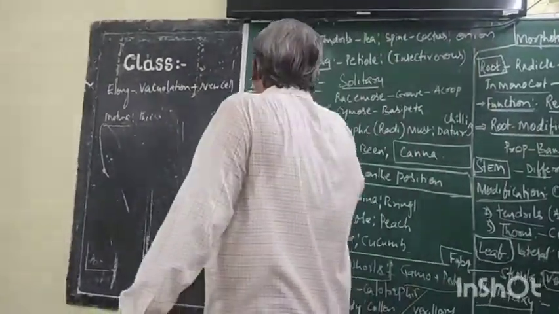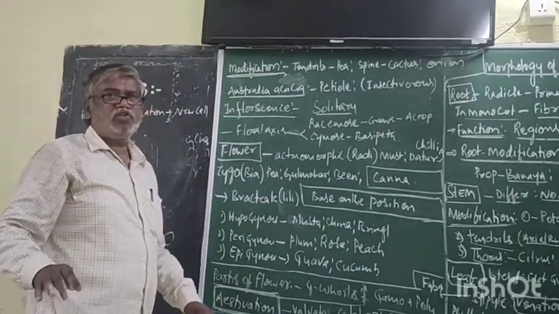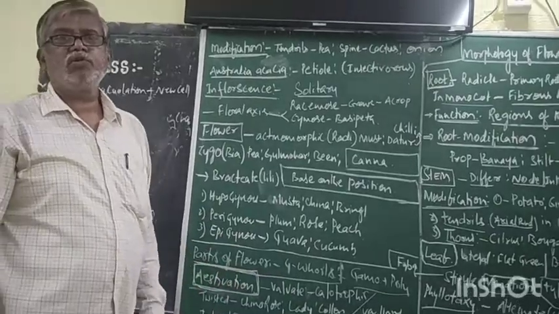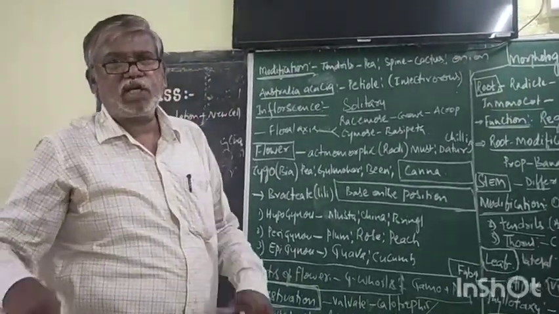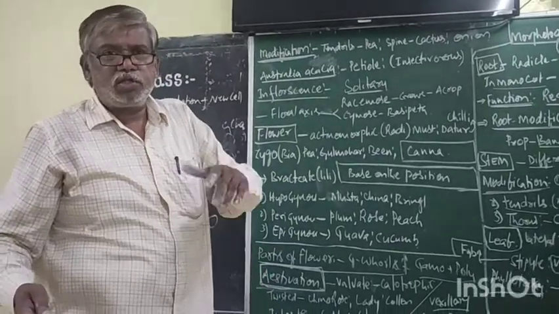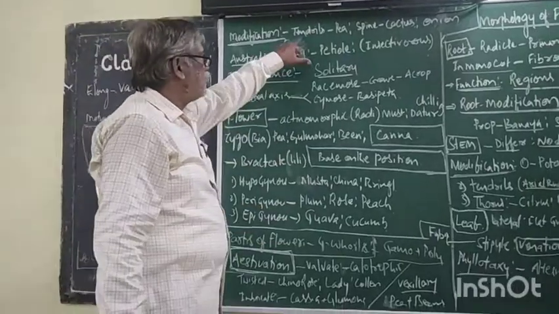Now come to the modification of leaf. The main function of the leaf is photosynthesis, but sometimes it undergoes other functions, due to which it is modified to perform them. Now what is this?